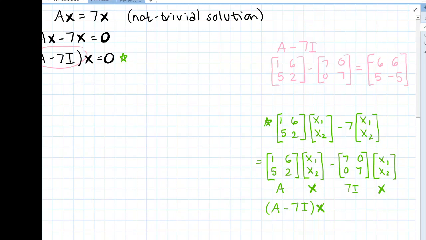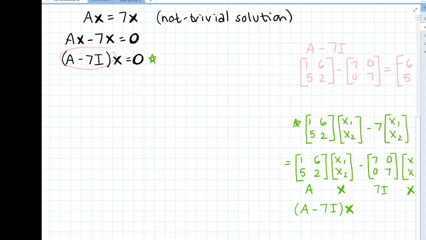So that's what we'll put back over here for A minus 7I. Okay, so now we have negative 6, 6, 5, negative 5 times x is equal to 0.